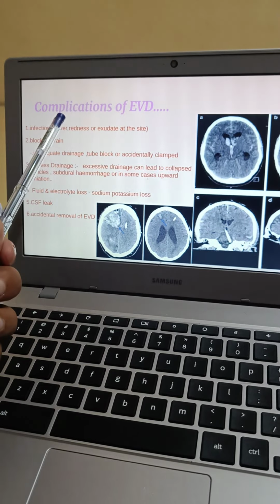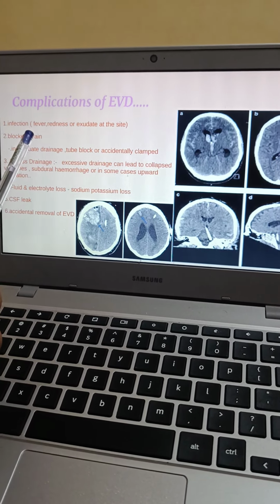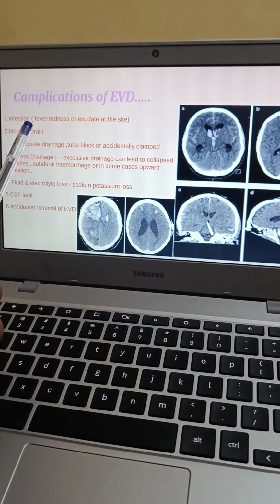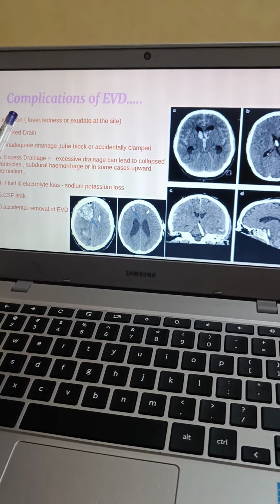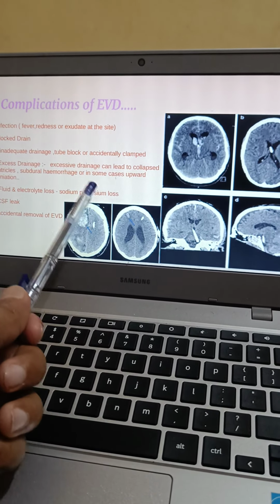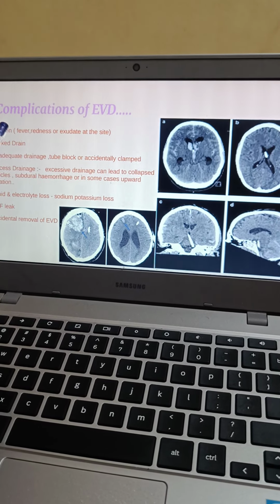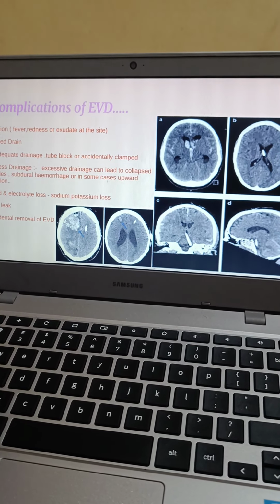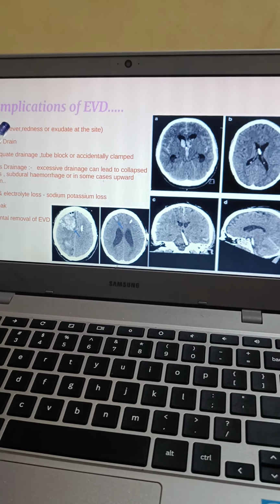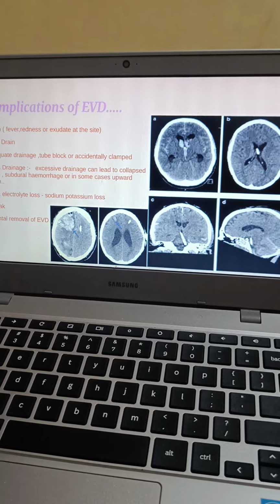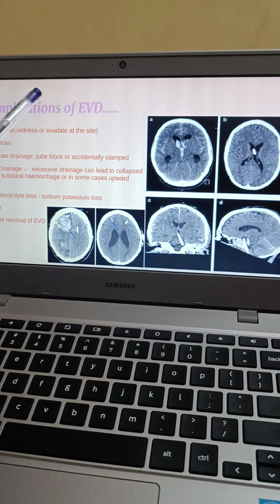Because of prolonged days and unhygienic handling, it will cause infection. If the patient has infection, they will do a CSF culture, and if growth is noted, they will usually start meropenem and in some cases other antibiotics. Infection is one of the complications of the EVD.